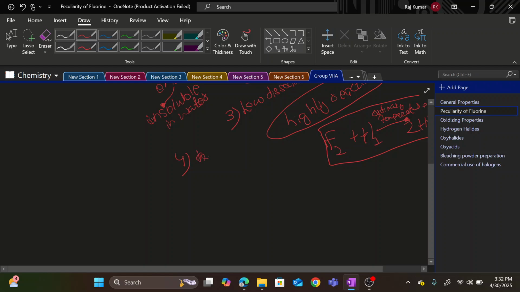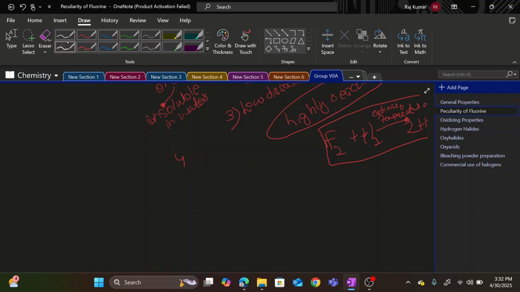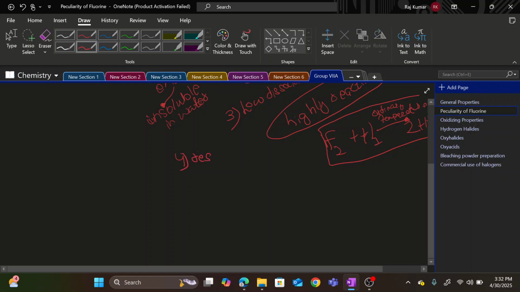It is basically restricted to the octet shell, which means that whenever it forms a bond with certain compounds like carbon and sulfur, it restricts itself to the octet shell, due to which it becomes inert, such that carbon tetrafluoride or sulfur hexafluoride, they are inert.